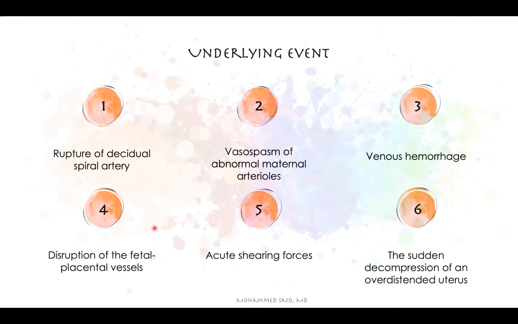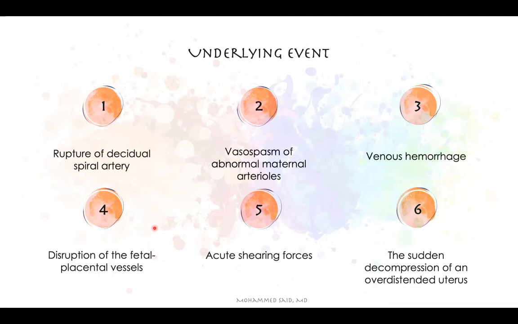So when you have bleeding from the spiral arteries, this is going to cause hematomas, which is the placental abruption. The second thing that might happen is vasospasm in the abnormal maternal arterioles. The third thing that can happen is venous hemorrhage.